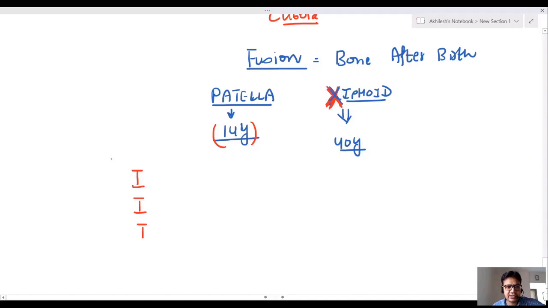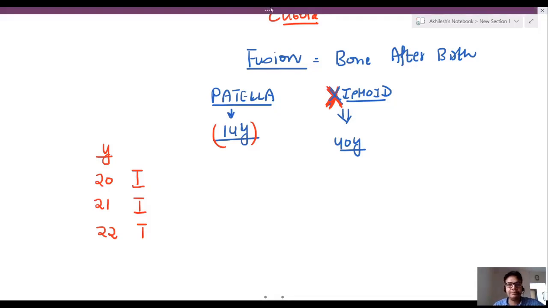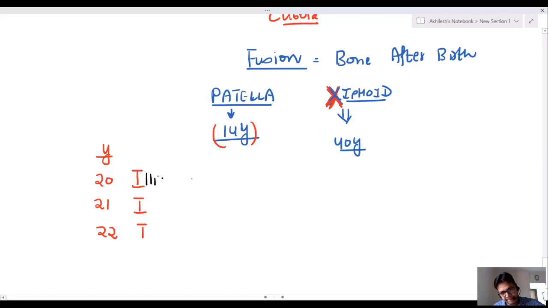IIT in years starts with 20 years, 21 years and 22 years. How to remember? I for iliac crest, fusion at 20 years. Inner end of clavicle, 21 years.